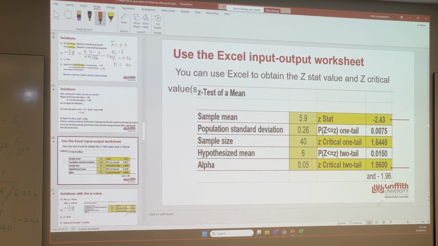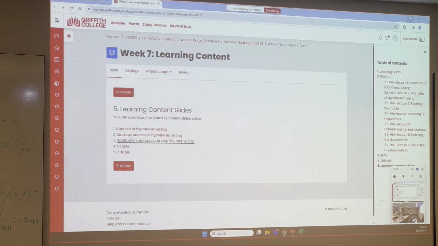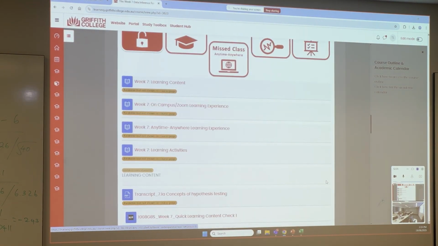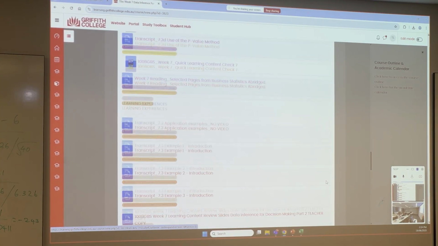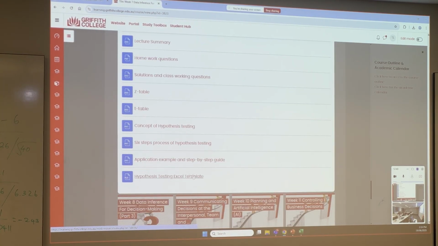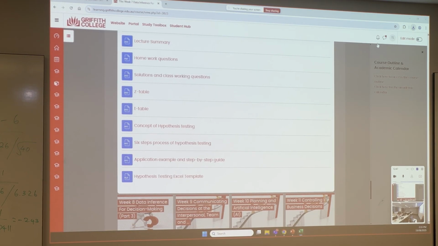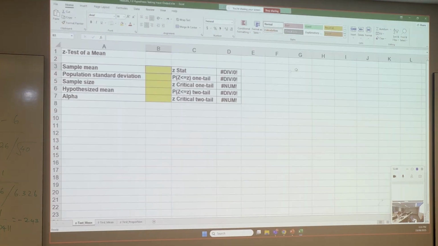If you go to week 7 and scroll down, there's something called the hypothesis testing Excel template. Can you please open that? There's a Z formula. Here is the sample mean.